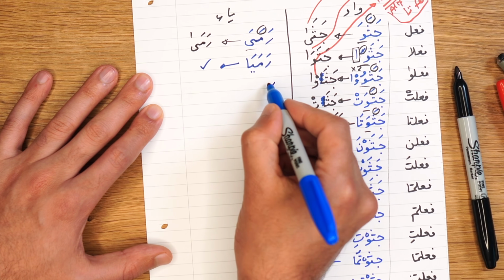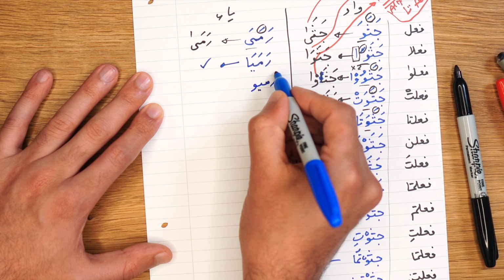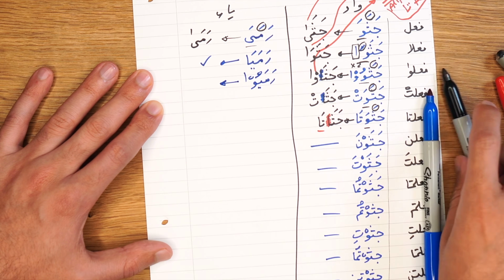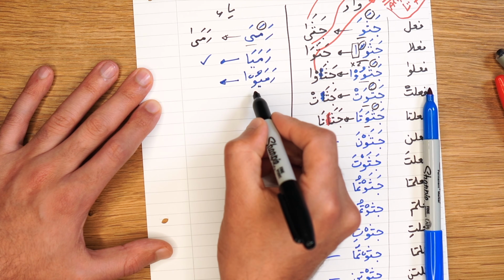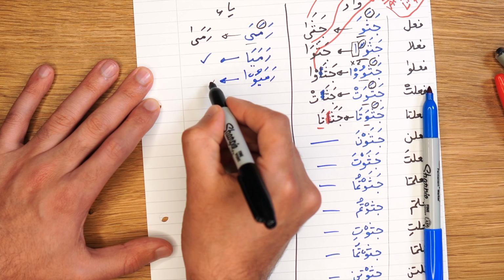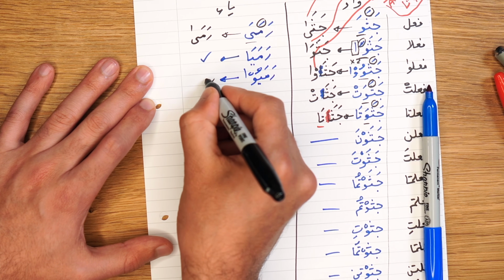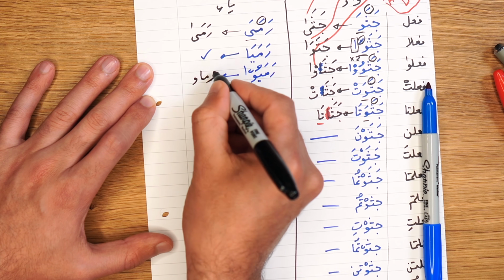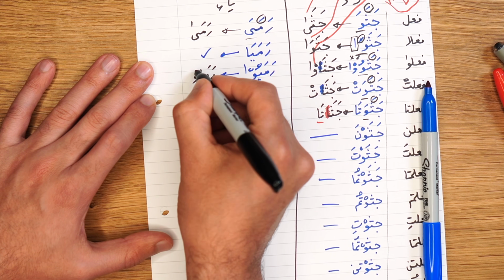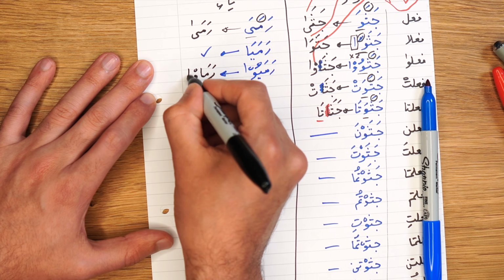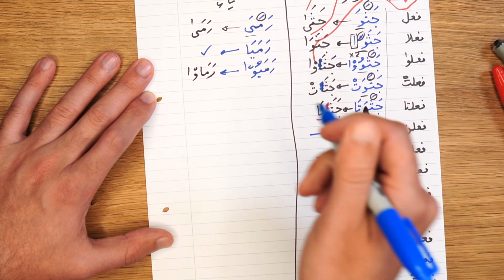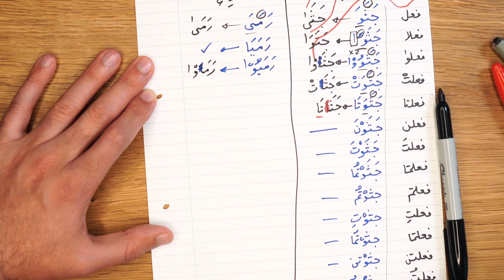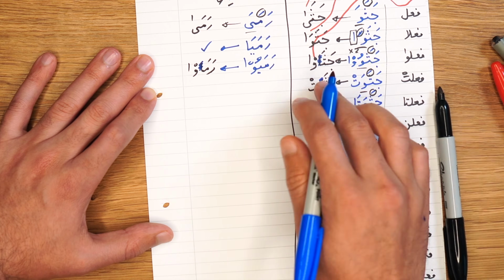Then ramayu. What happens over here is that the change takes place in the alif. Ramawu, this is going to happen, so you've got alif and two sakin; remove the one, so ramau, like jathaw.